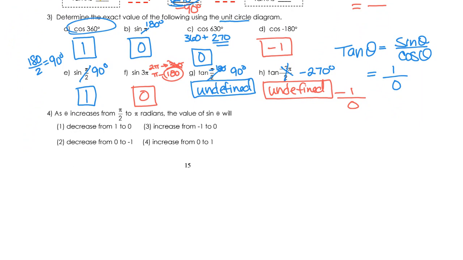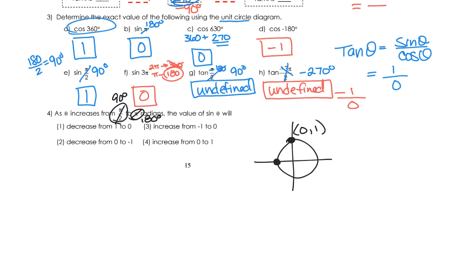All right, let's take a look at number 4. The last question says, as theta increases from pi over 2 to pi radians, the value of sine of theta will do what? Pi over 2 is 90 degrees, and pi is 180 degrees. On our unit circle, at 90 degrees your coordinates are (0, 1), and at 180 degrees your coordinates are (-1, 0).